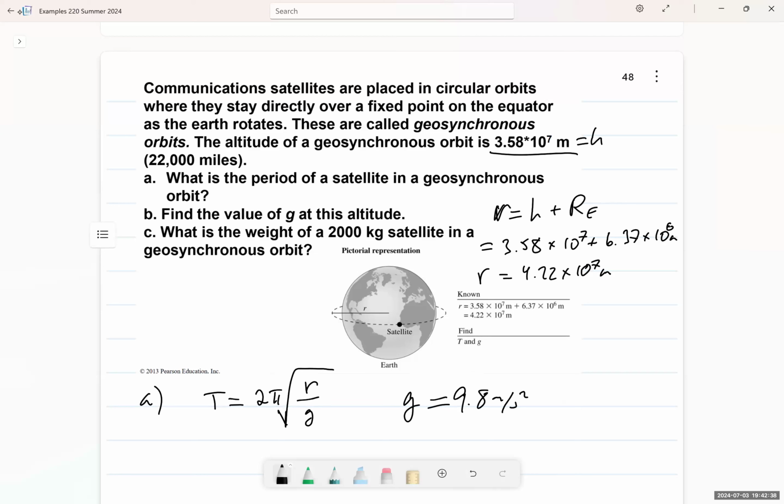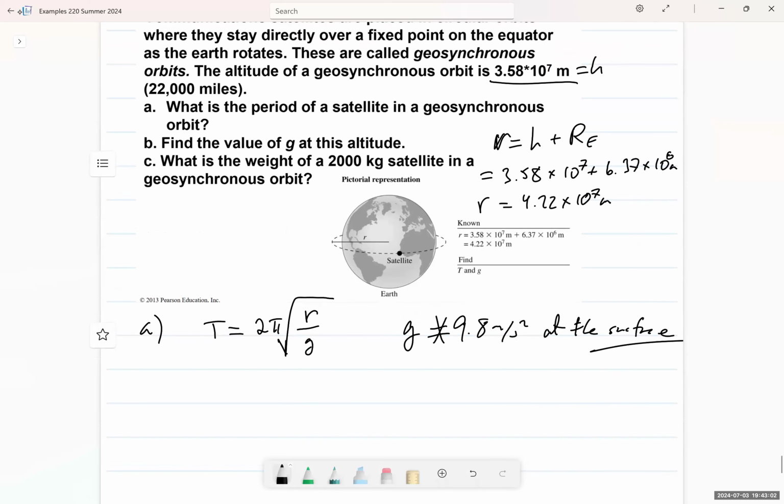Remember, g equals 9.8 meters per second squared, basically at the surface. And here I wrongly used this equation, but actually we're going to see in part B that the acceleration is completely different. It's nowhere near this.